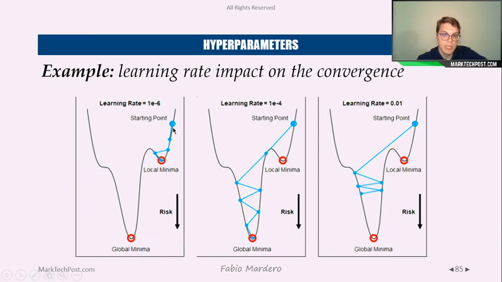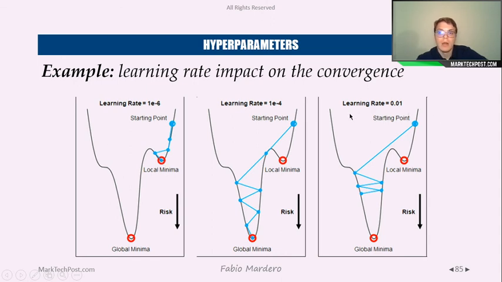That's because the steps are so close one to each other, then when the ball here, the algorithm, gets into a local minimum, it cannot get out from it. The steps are too small.